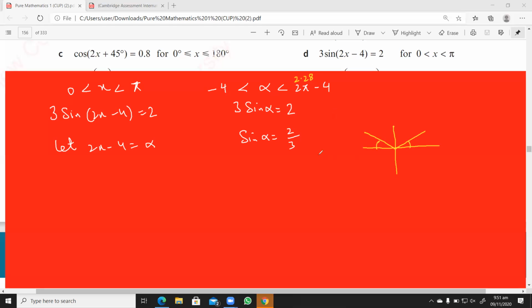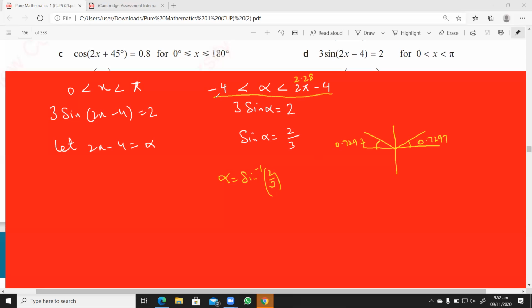Now, please tell me what is sine inverse of 2 over 3, correct to 4 significant figures. 0.7297. Okay. Some people start getting confused by looking at these values.